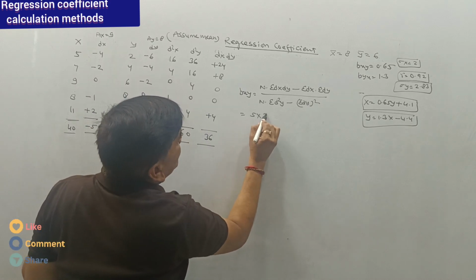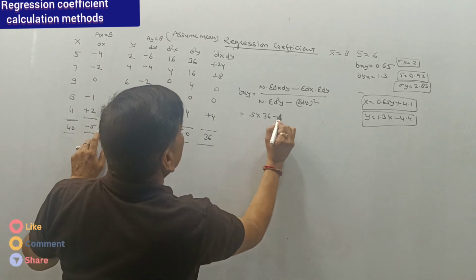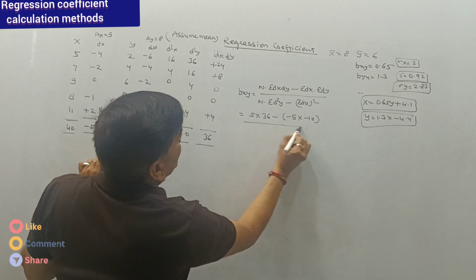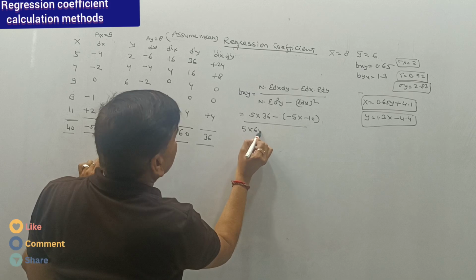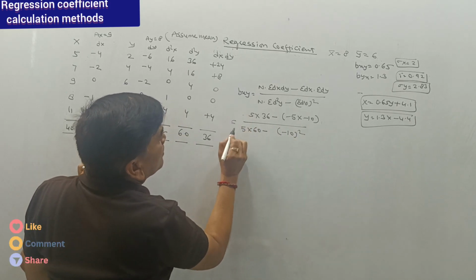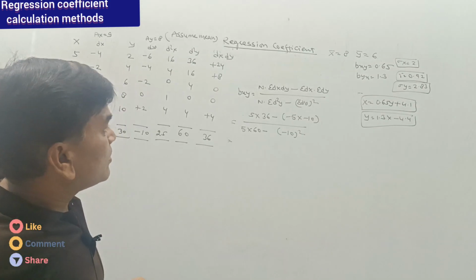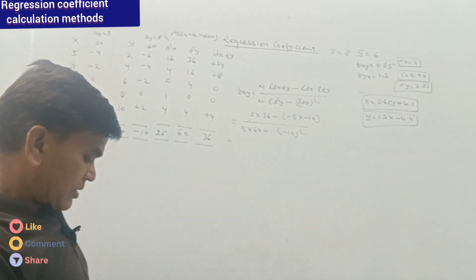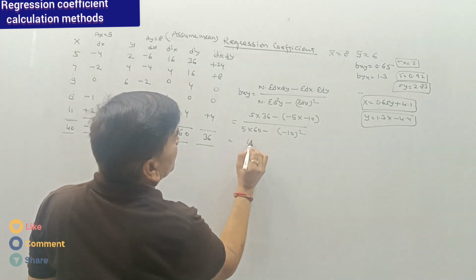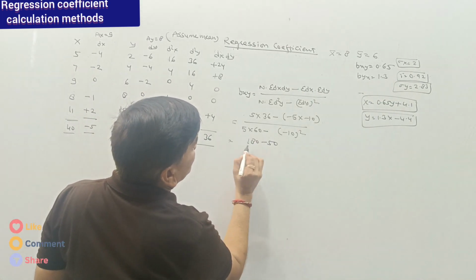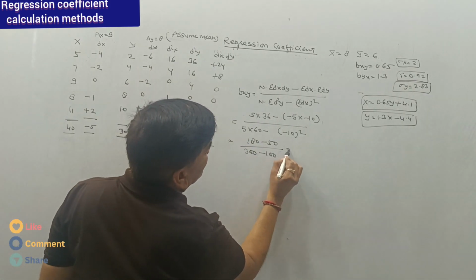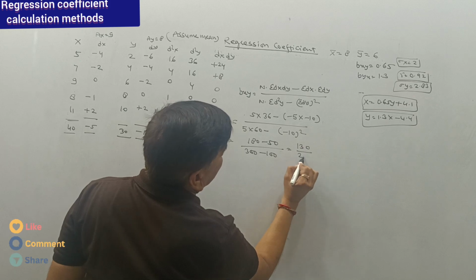So 5 multiplied by 36 minus 5 multiplied by minus 10, divided by 5 multiplied by 60 minus 10 raised to power 2. So 5 multiplied by 36 is 180, minus 50, divided by 300 minus 100. So 130 divided by 200.